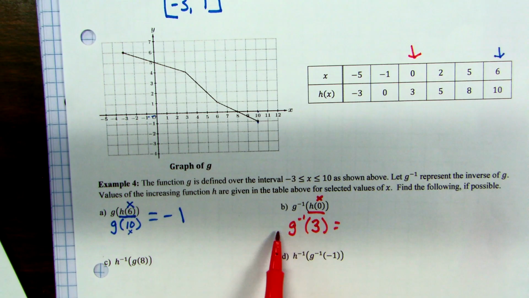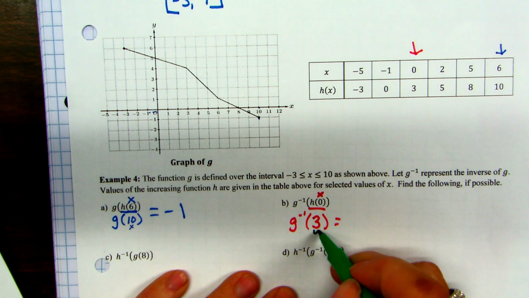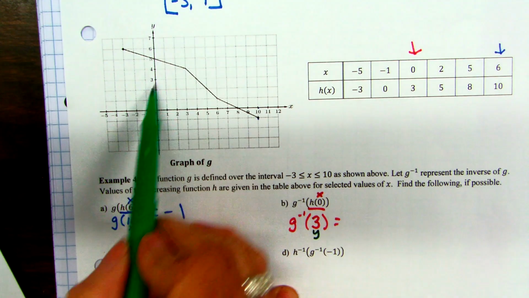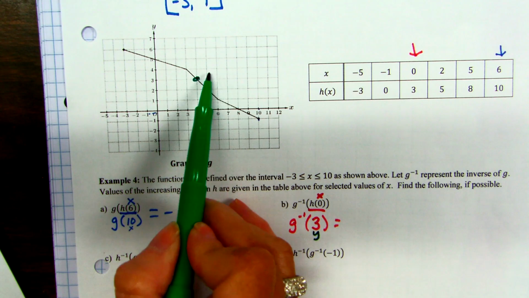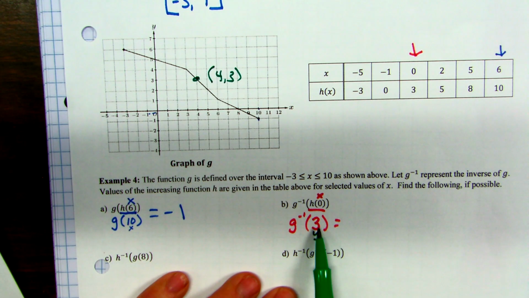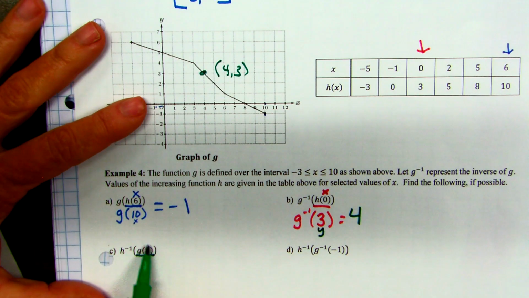Weird notation, inverse. Instead of this being x, this is y. So go to the g function where y is 3. Look left, look right. There it is. When y is 3, x is 4. So they can mix them together. Regular notation, x.